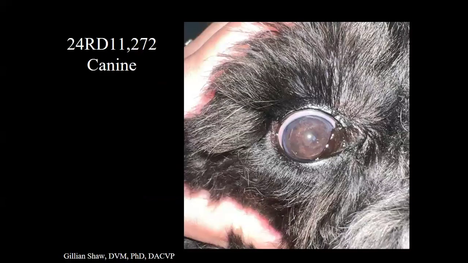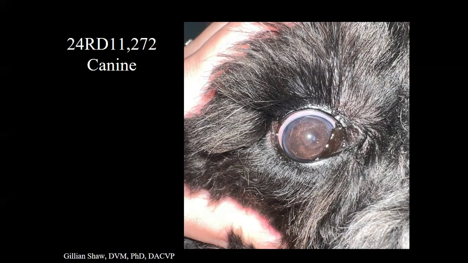Okay. This next case will probably be fairly quick. I don't have a gross photo because the globe was not that exciting grossly. So this is a 3-year-old golden doodle, spayed female.